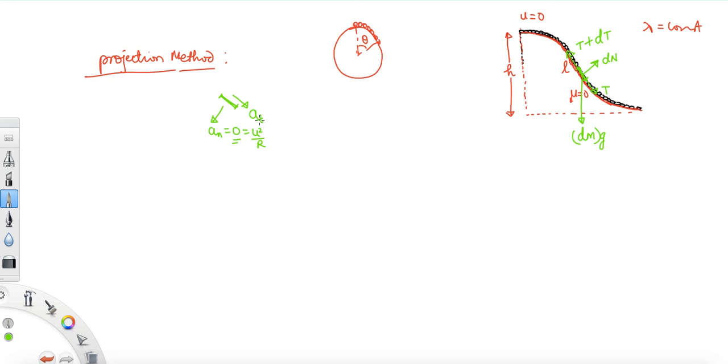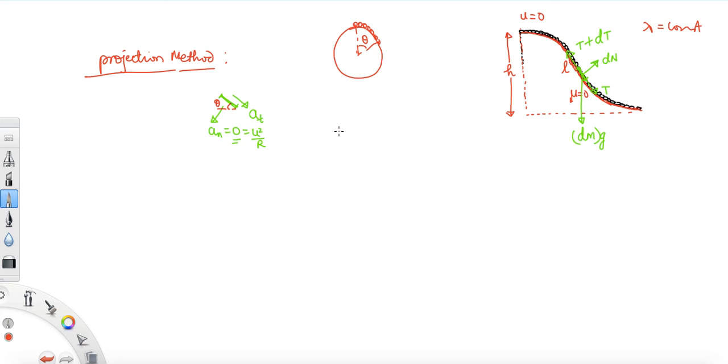So we need to find a_t, the tangential acceleration. In the tangent direction, the forces are T, T plus dT, and the component of dm g. Let's say this angle is theta, a kind of incline for this dl element, and theta will vary for all dl elements.